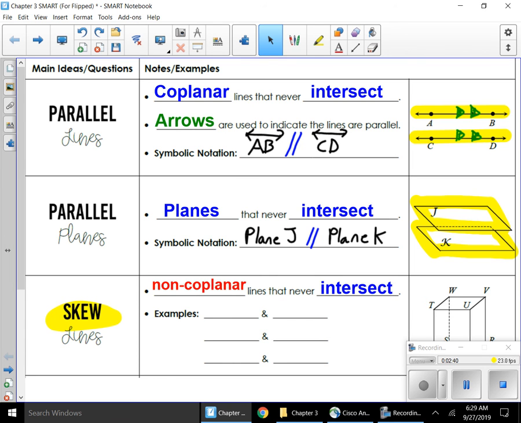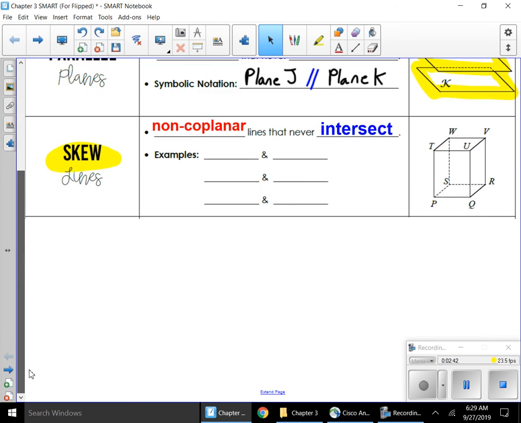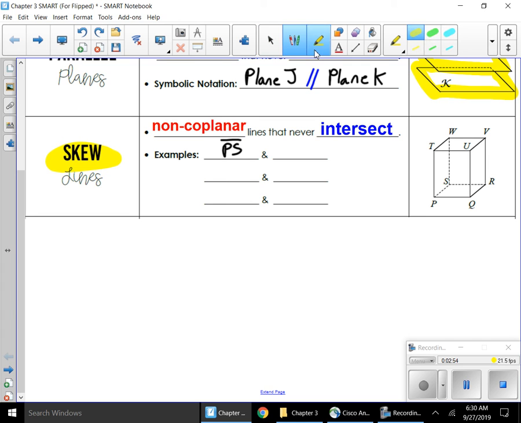So if we look at this diagram on the right here, notice that we've got a rectangular prism, a three-dimensional object. If I just start picking on a random segment like PS, for example, and I'll go ahead and highlight that, PS, there are lines which will never intersect PS, something like VR, which I'll go ahead and make blue.